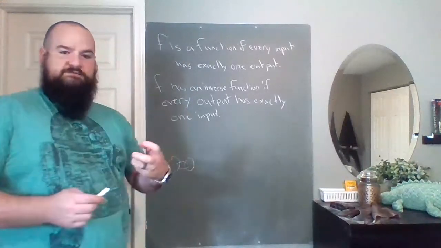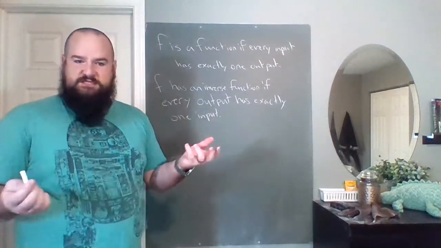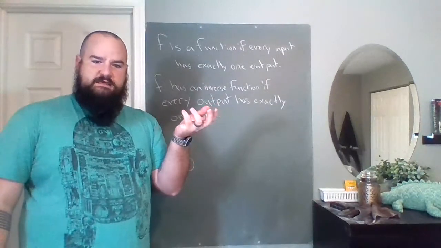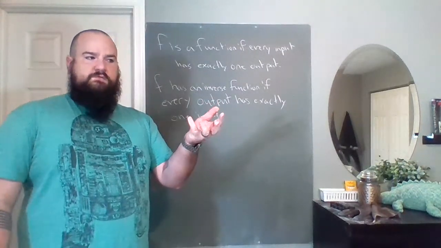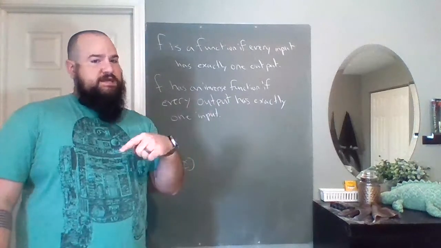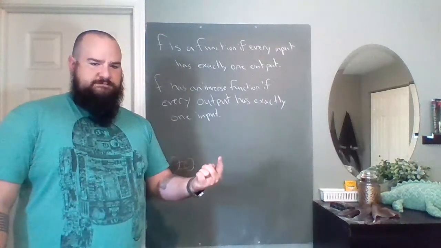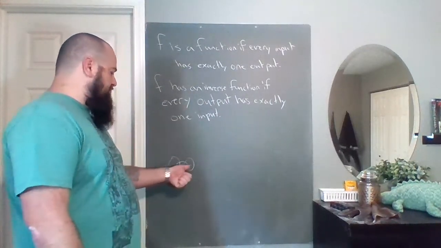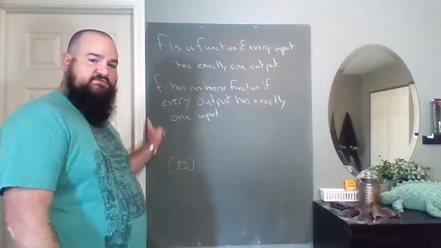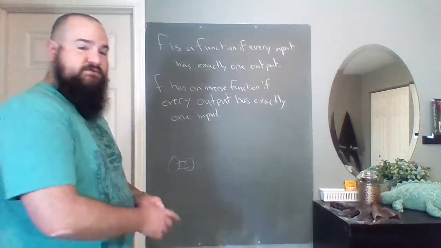So if I think x squared, the inverse of 4, well, that's not just 2, but it's also negative 2. That's not a function. So we have to have that also, that every output has exactly one input for something to have an inverse function.